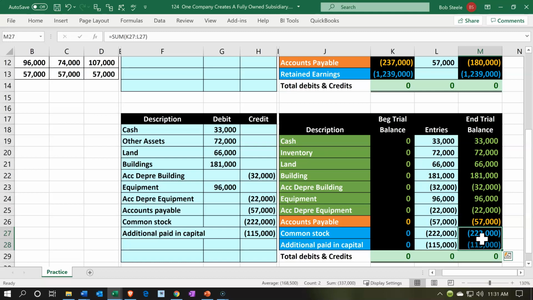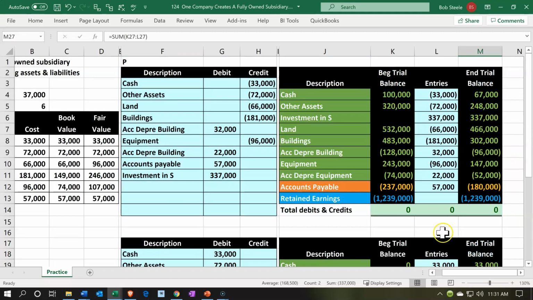So what is owed to the owners is kind of like a liability, except instead of owed to a third party, it's owed to the owners of the organization. Assets minus liability owed to the owners. Who's the owner? Well, that's going to be P company up here. And so how does P company represent this? One line item here showing that same 337,000 on the one line item on P's books.